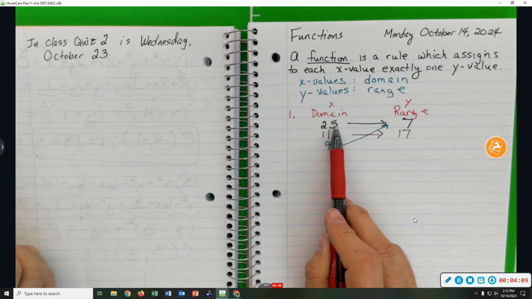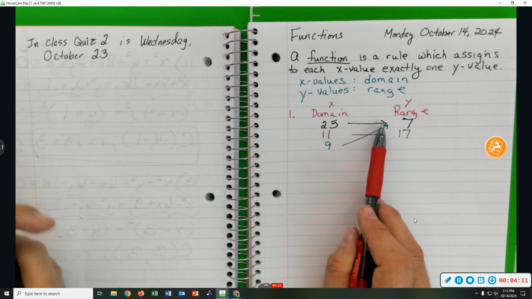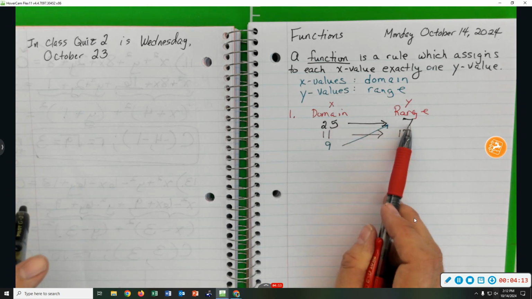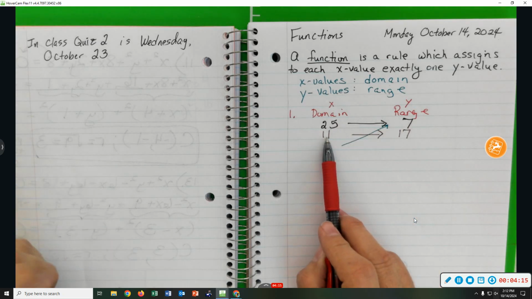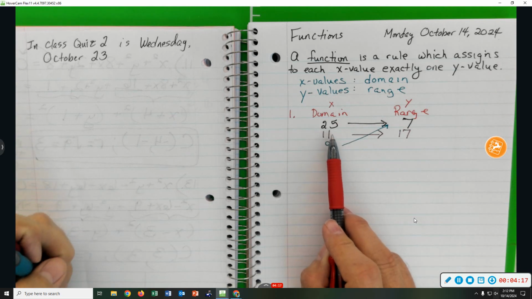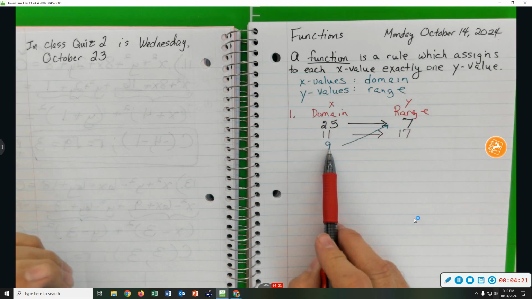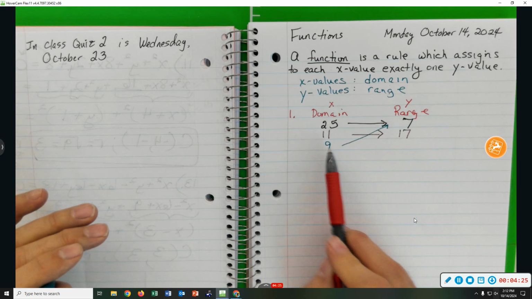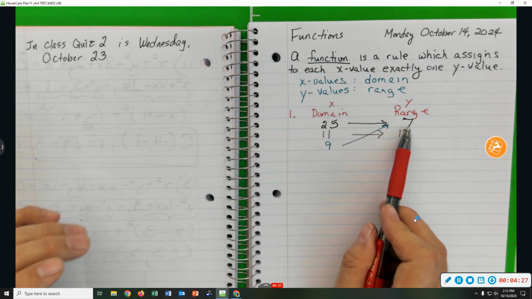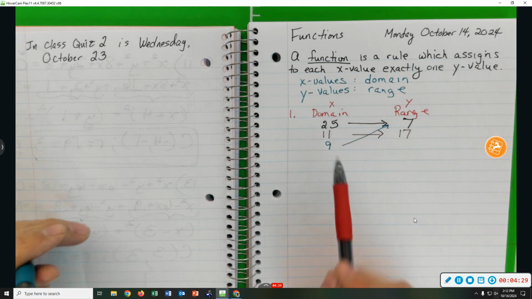So it looks like 25, this x value, is being assigned only one y value. The number 11, how many y values is it being assigned? Just one. And what about the number 9? What's its y value? 7. Just one of them.